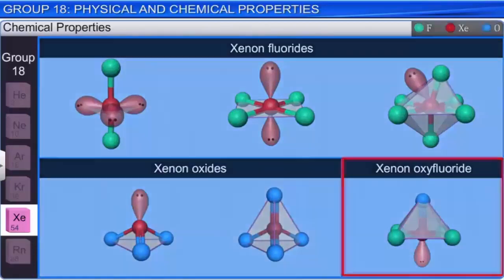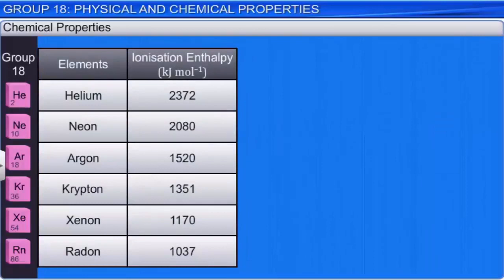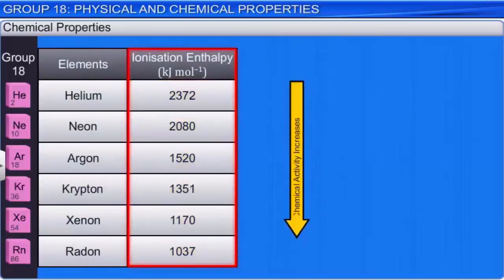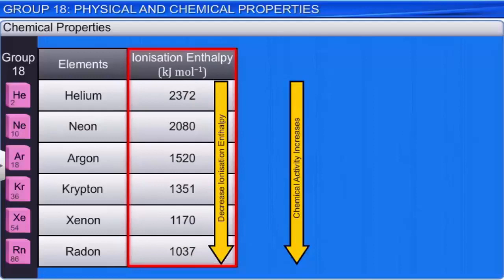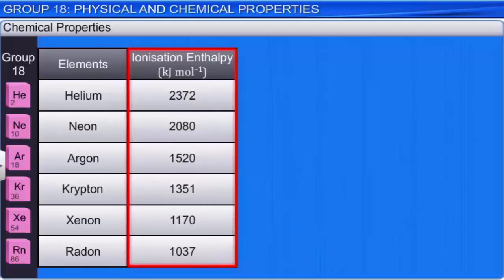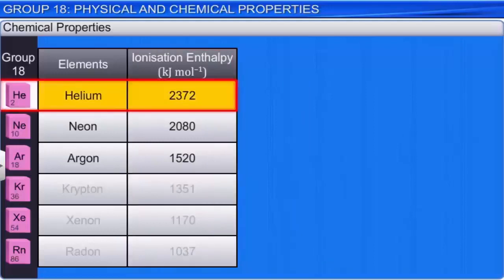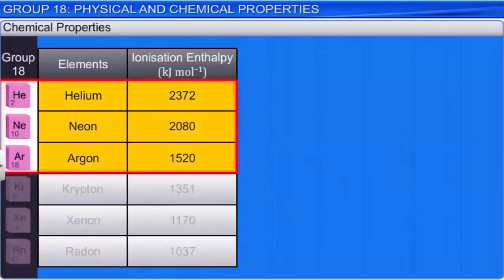The data in the table for ionization enthalpy here shows that the chemical activity of group 18 elements increases with a decrease in the ionization enthalpy on descending the group. The ionization enthalpies of helium, neon and argon are too high for them to form compounds.